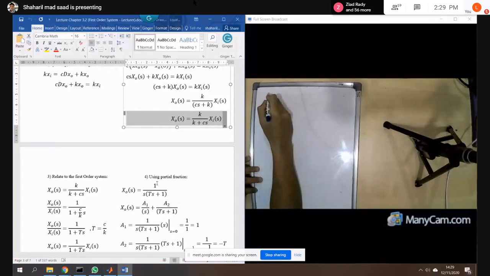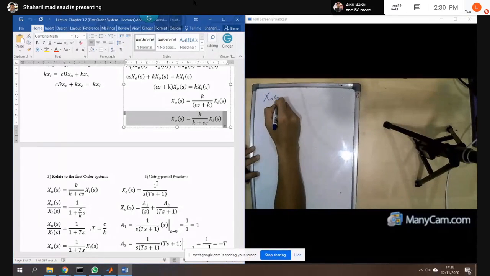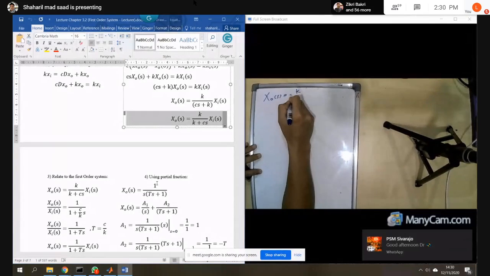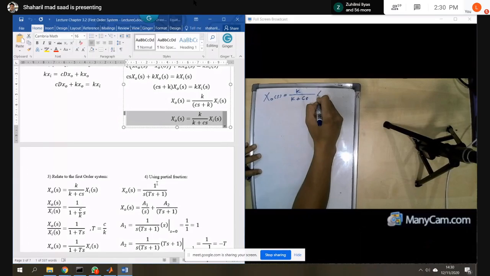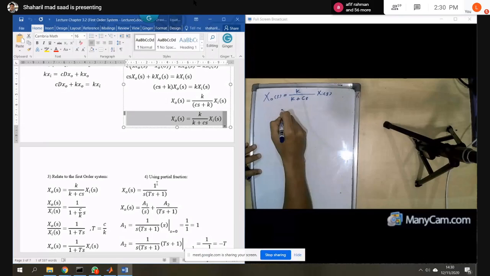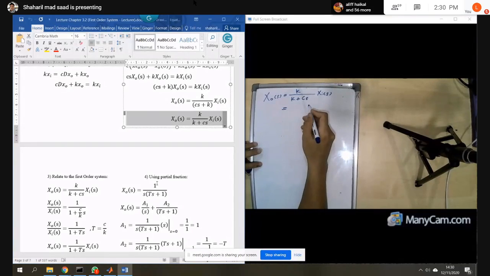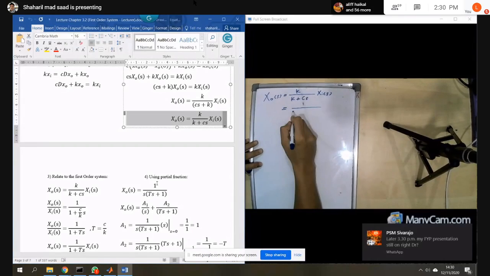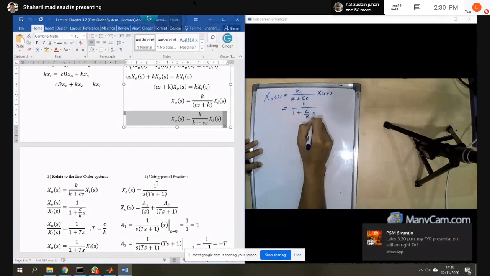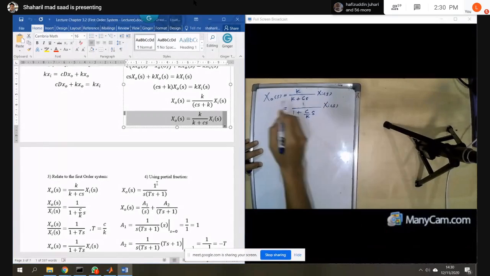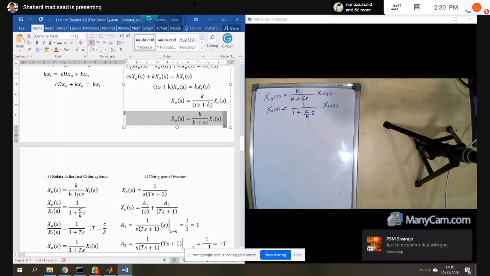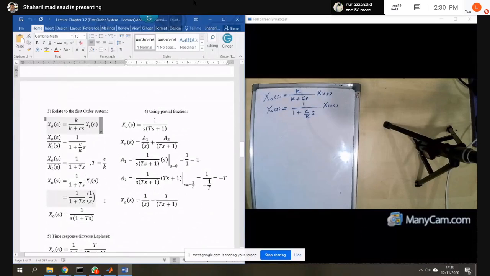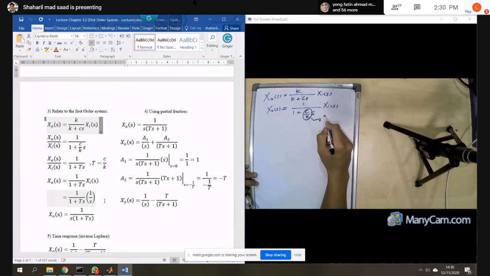Now you get X_o(s) equal to K over K plus Cs times X_i(s). Then you can divide by K, so you get 1 over 1 plus C over K times s, times X_i(s). This C over K, you replace it with T, right?